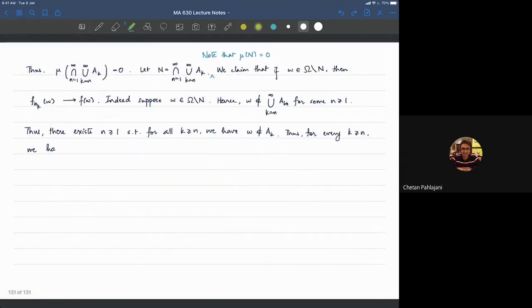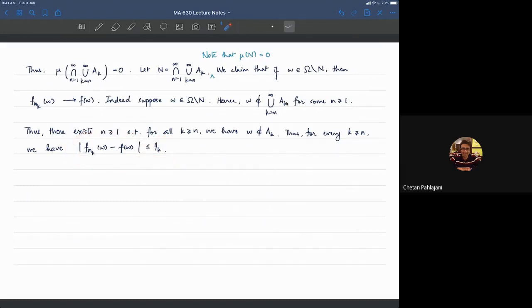For every k greater than or equal to n, we have the absolute value of f_{n_k}(omega) minus f(omega) is less than or equal to 1 over k. And hey, this is enough to ensure that f_{n_k}(omega) converges to f(omega), right? Because what you've been told is that for k big enough, the error between f_{n_k}(omega) and f(omega) is no more than 1 over k.